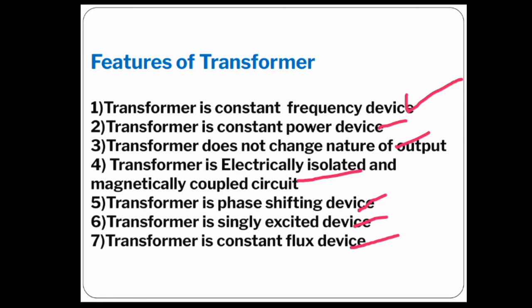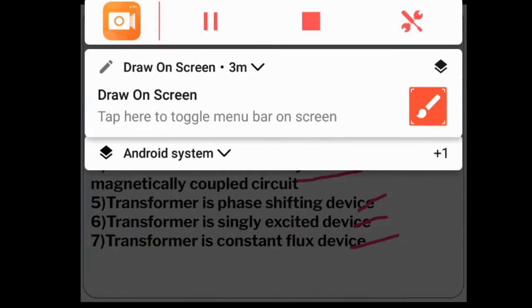It is a constant frequency device, a constant power device, it does not change the nature of output, it is electrically isolated and magnetically coupled, it is a phase shifting device of 180 degrees, it is a singly excited device, and the transformer is a constant flux device.